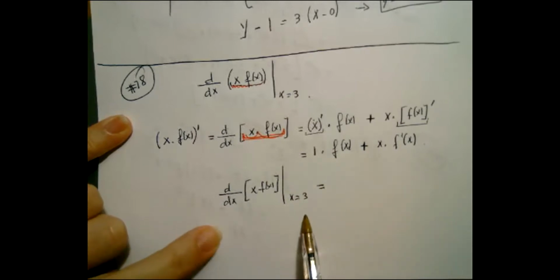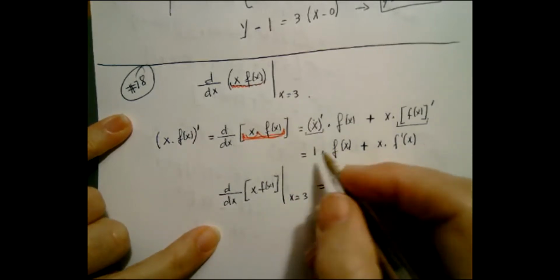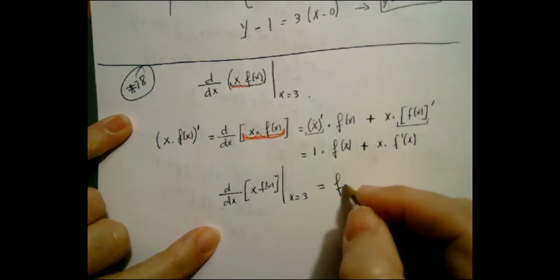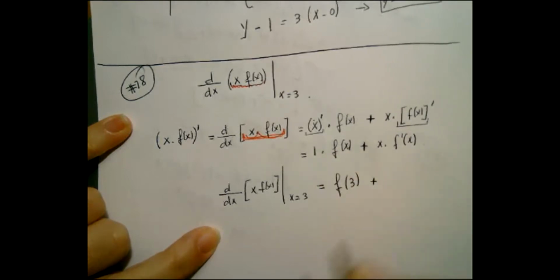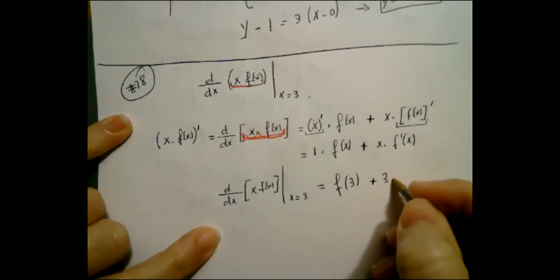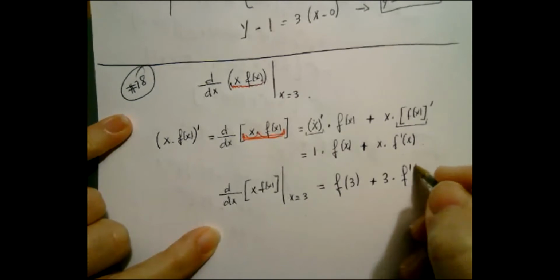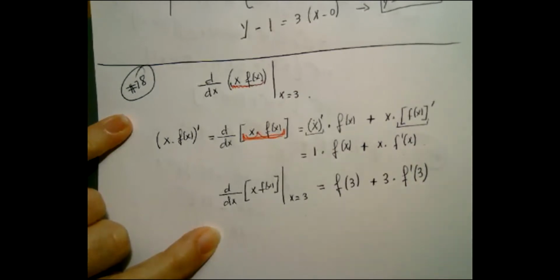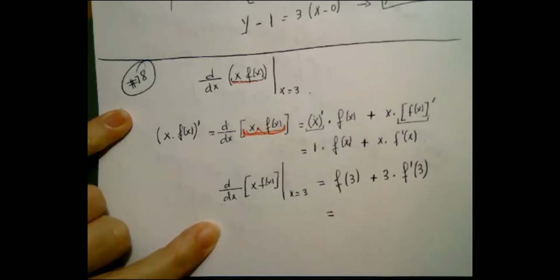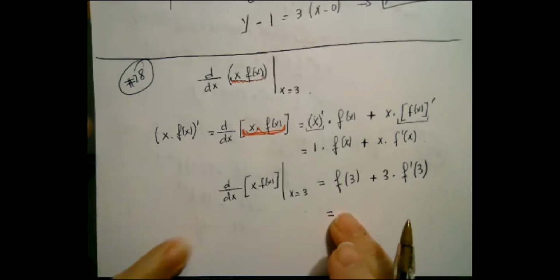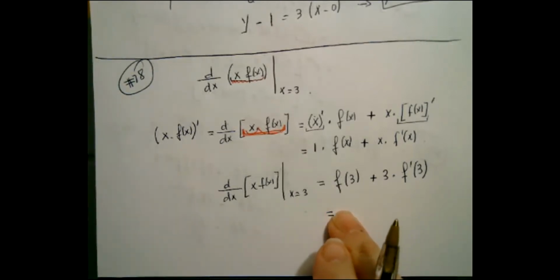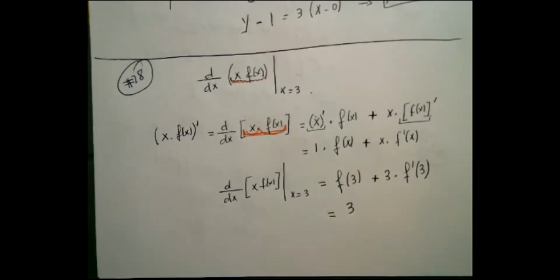So now I plug in what's happening at x equal to 3. At this stage, I plug in 3 for x. So this will give me 1 times f of 3, plugging in 3 across the board, plus 3 times f prime at 3. Now I go to my table and just pick up the values. There is nothing left to do. According to the table they give us in the book, f of 3 is, and we have to be very careful to pick up the correct value, f of 3 equal to 3.